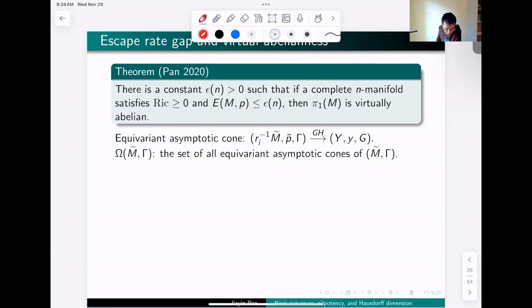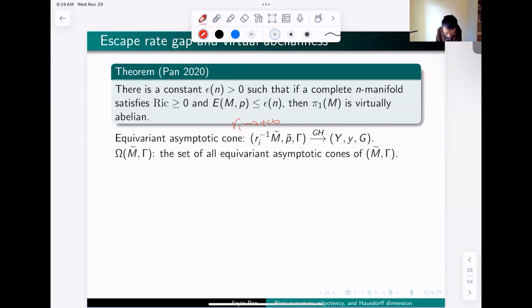Now the proof of this result goes through the so-called equivariant asymptotic cones of the universal cover. You take a sequence r_i to infinity, and then you blow it down. Then you can have a convergent subsequence, converging in the so-called equivariant Gromov-Hausdorff convergence to some limit.